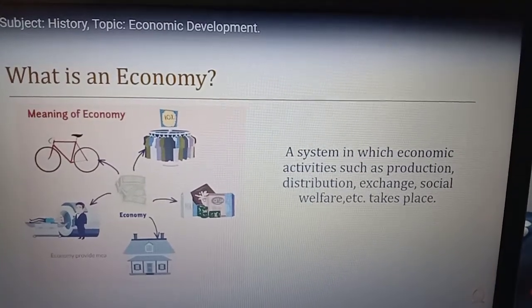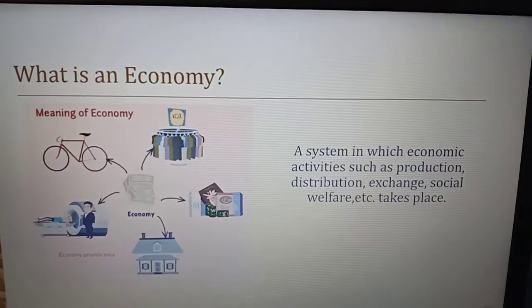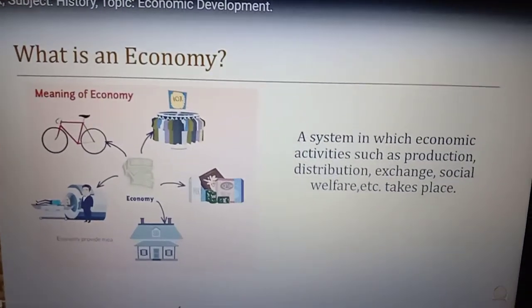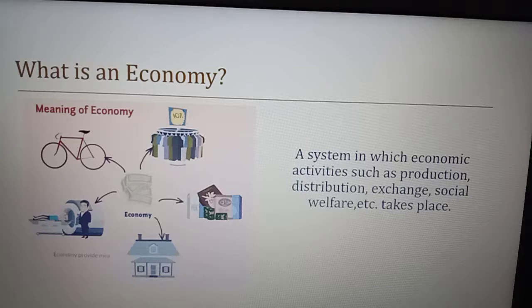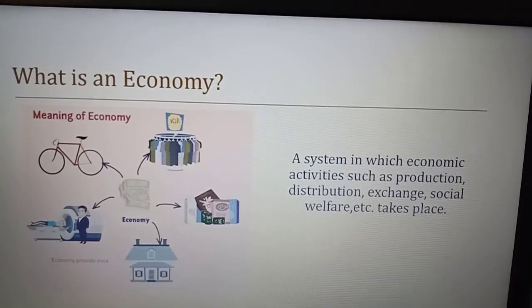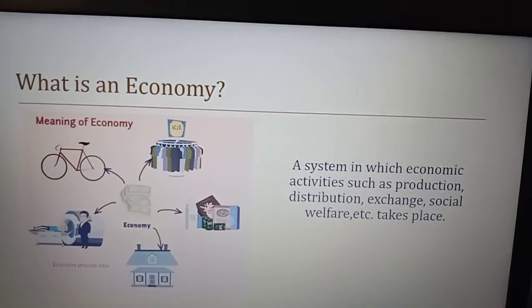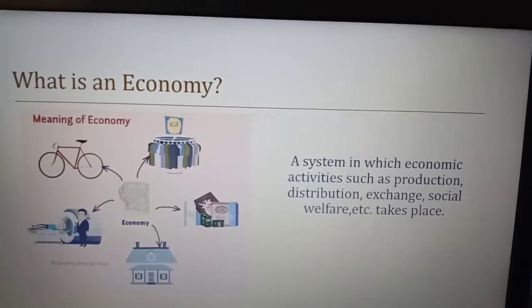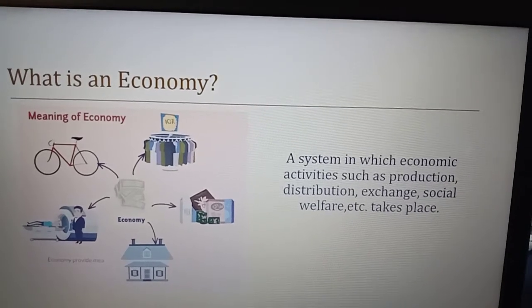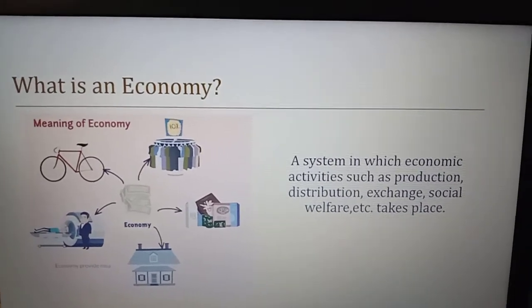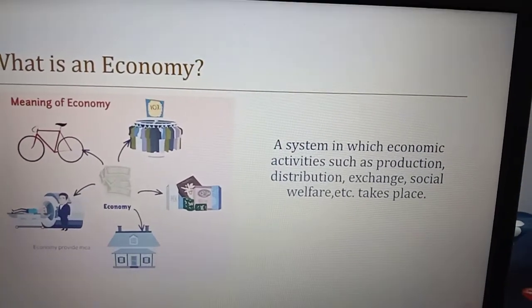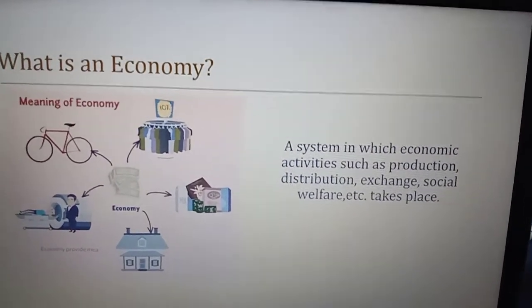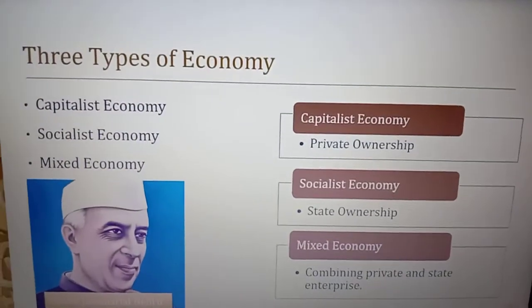Some countries had adopted capitalism. Capitalism means that the private person who has money runs the economy and establishes the industries, while some had adopted socialism. Socialism means something about the society.